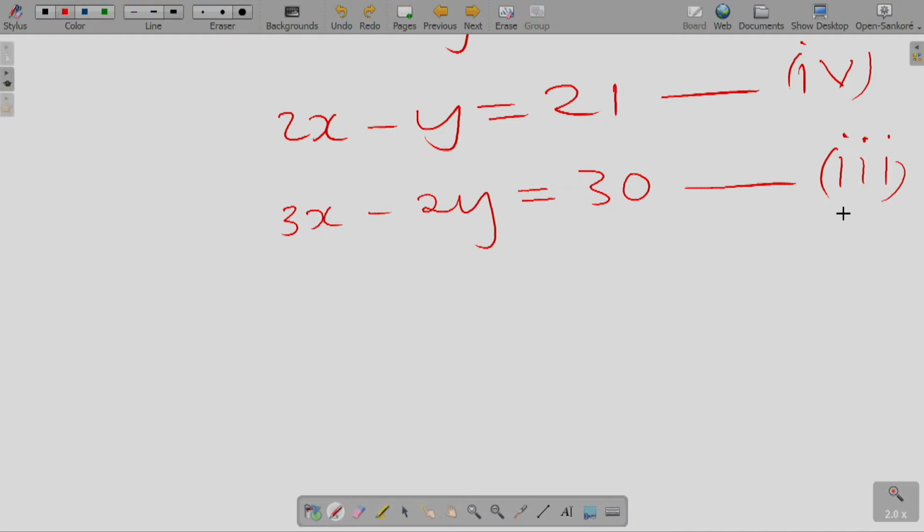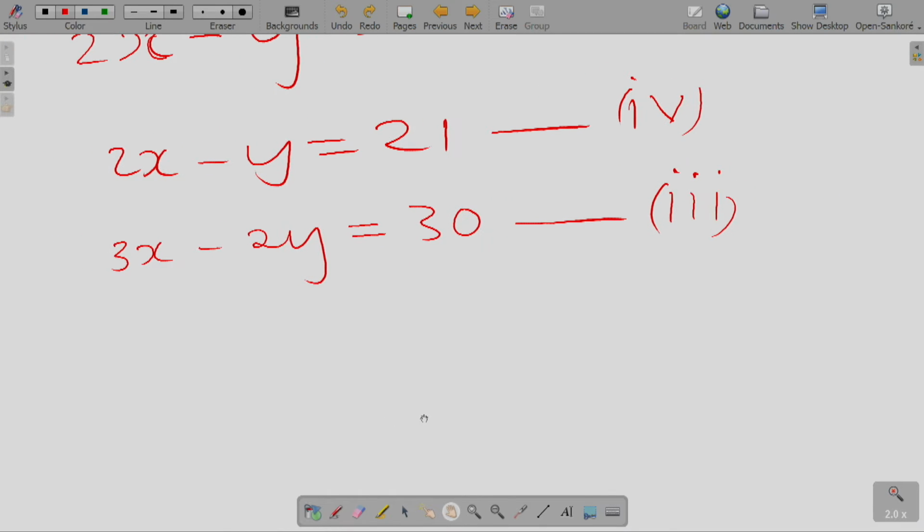So we need to solve for x and y. As I said earlier, we are going to use the method of elimination, which always involves the elimination of either of the variables. We are going to eliminate either x or y. So let's eliminate y.